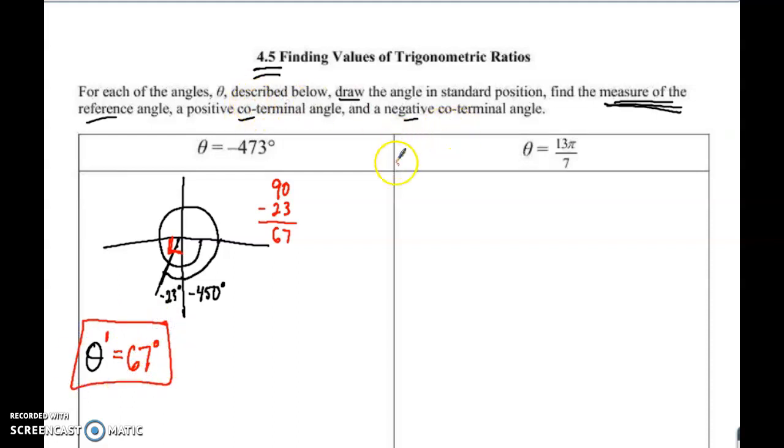What else do we need? A positive coterminal and a negative coterminal. I think what I would do is just leave that negative 473 and start adding 360 to it. So one coterminal would be negative 113. So build a box around that, and then add another 360 to that.